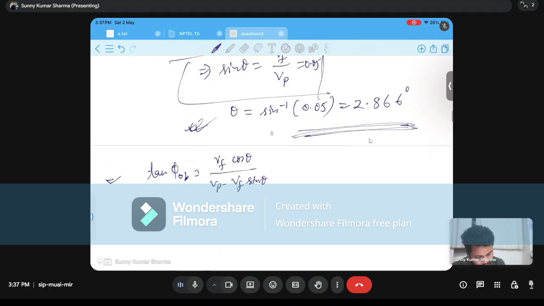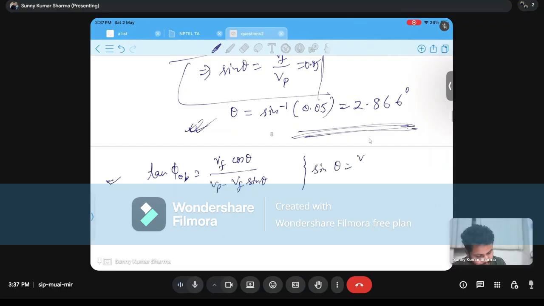Sin theta we already have: Vf by Vp, which is nothing but 0.05.